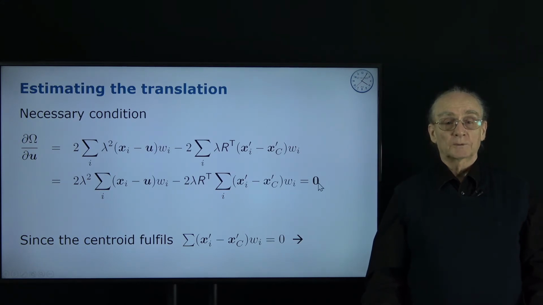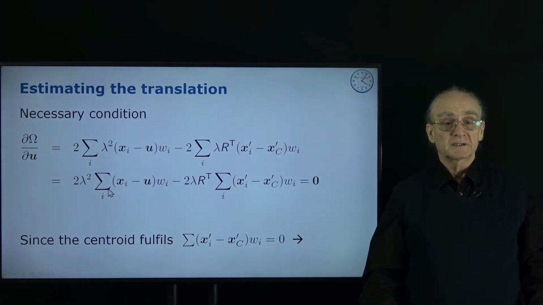Now, what we know is that these coordinate differences weighted sum up to 0, because we have the sum of the weighted coordinates minus the sum of all the xg weighted, which is the same. So we have here a 0.